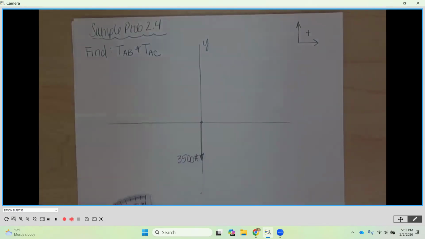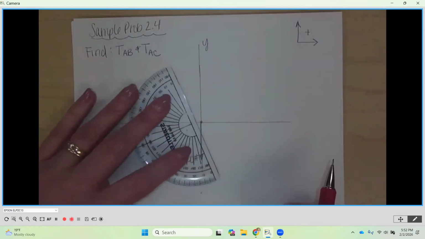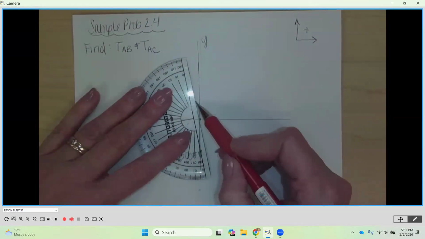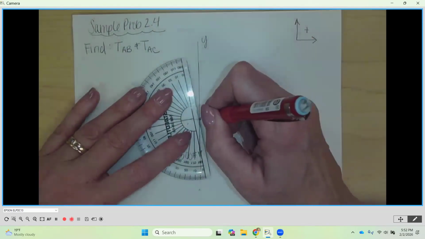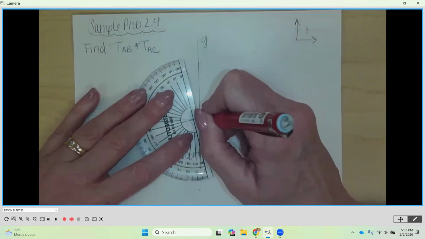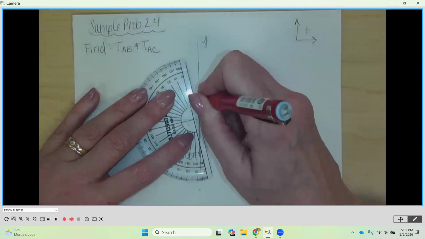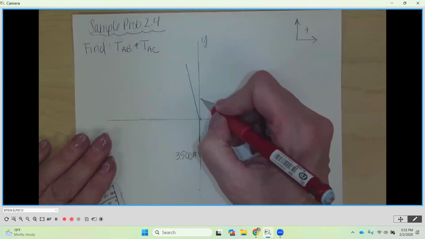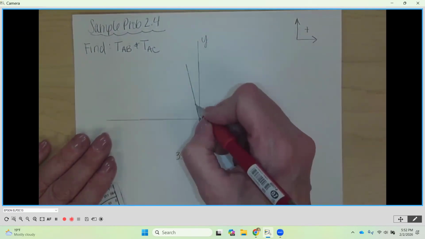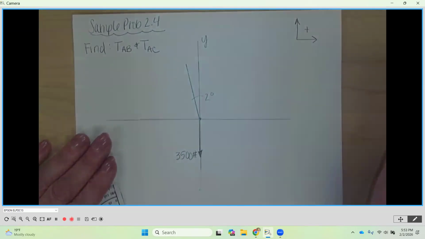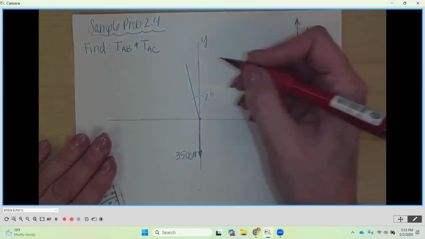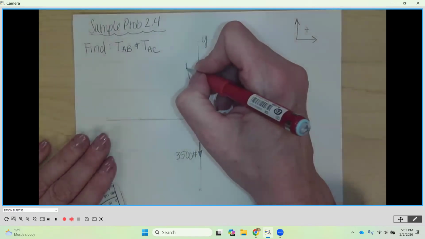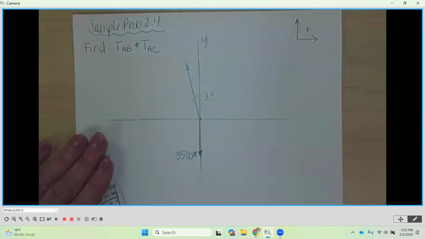Then what we're going to do is add each one of the cables or ropes that are there. So the first one is going to be that cable going up to B. So I'm going to do the A to B. Now I'm going to put this as kind of a steep line, kind of close to that y-axis, because this angle right here, that's our 2 degrees. Okay, I know mine is probably bigger than 2 degrees, but we want to show it nice and close to our vertical.